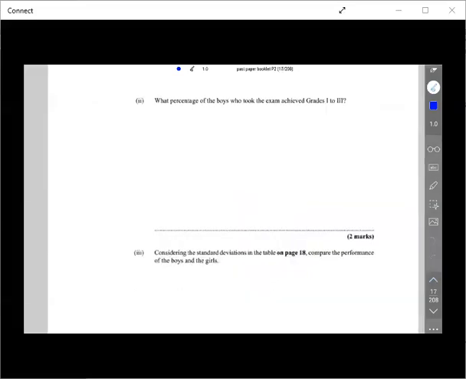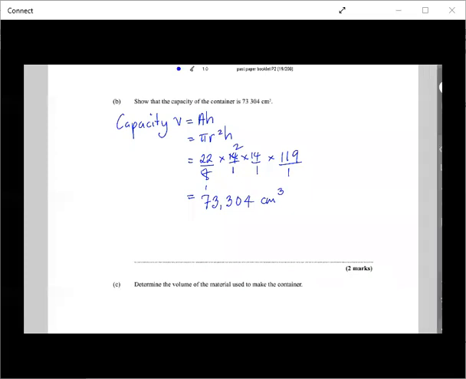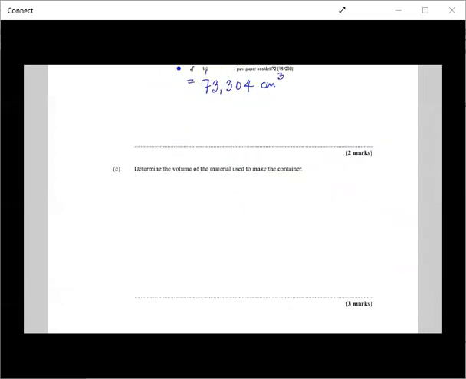The inner volume we already know. What we need to do now is find the outer volume.